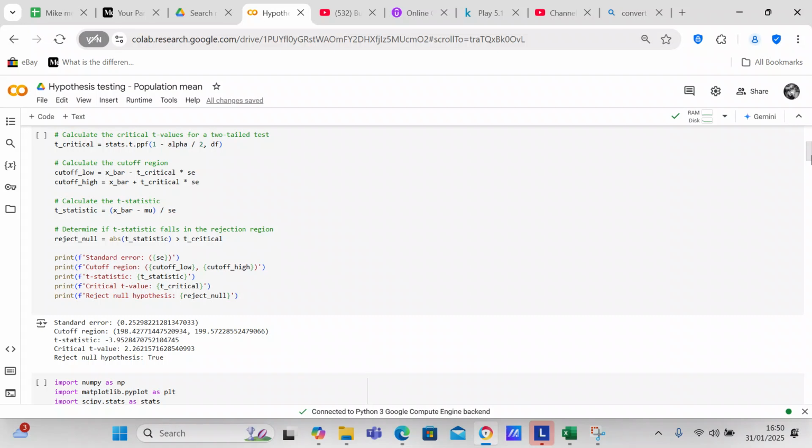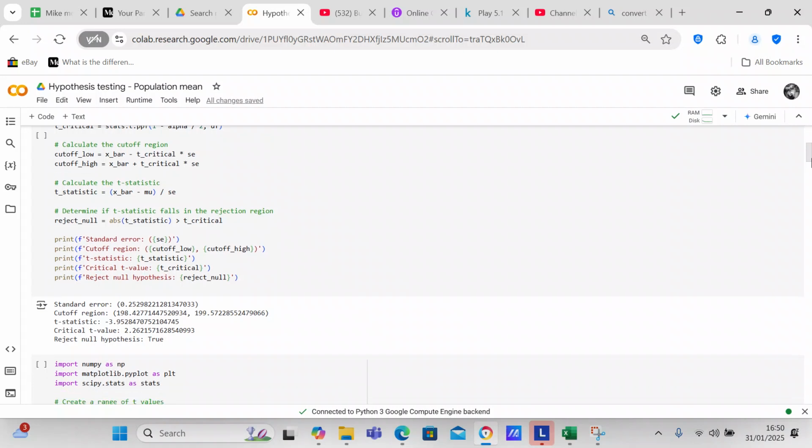Then we're going to calculate our t-statistic. T-statistic is X bar minus mu divided by SE. That's your standard error. So your t-statistic is negative 3.95.